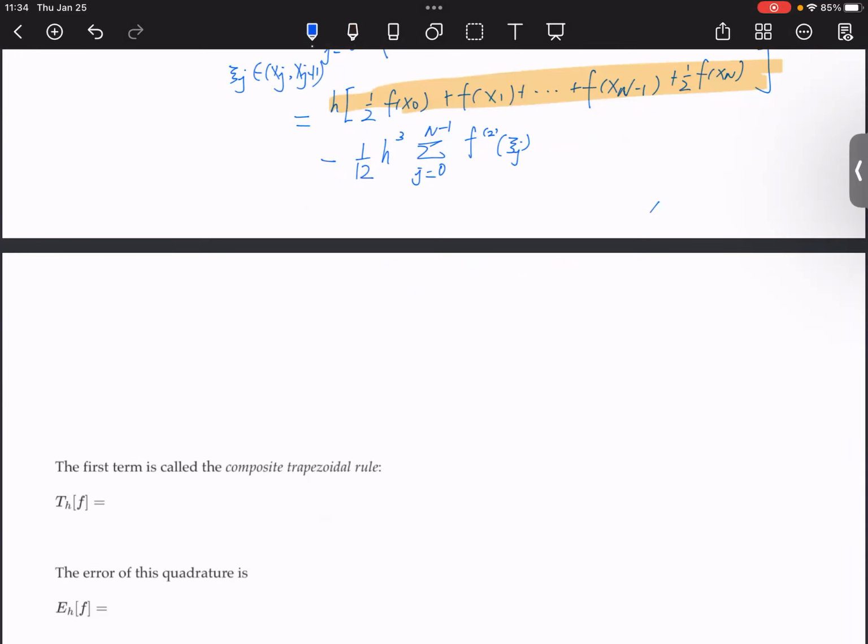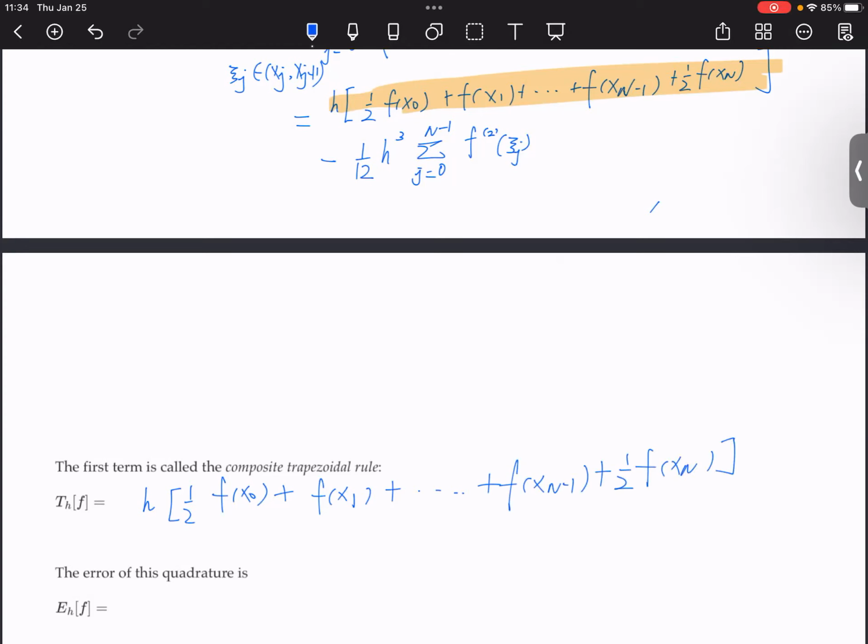So let me just copy it here. It's h times 1/2 f(x0), and so on. This is the composite version. It's more complicated than the elementary version. We are using all of the nodal points here.